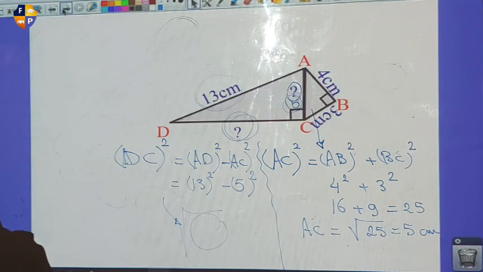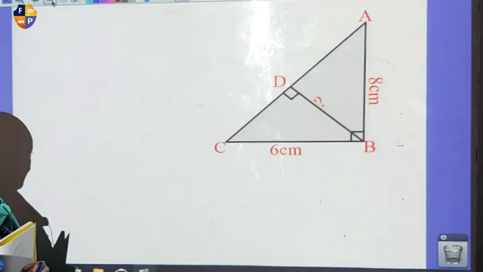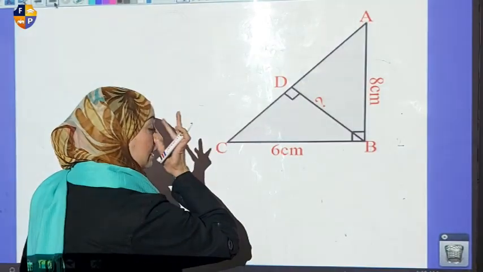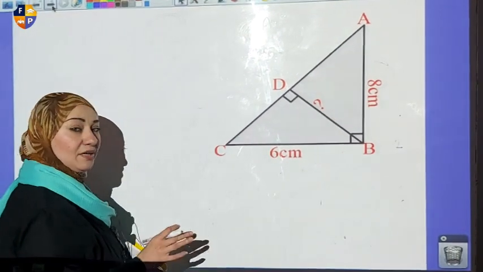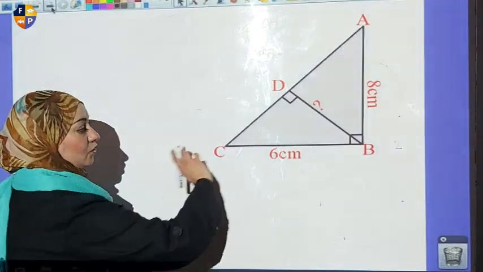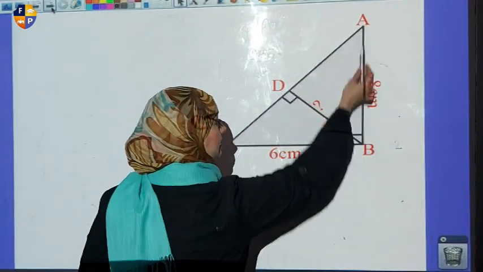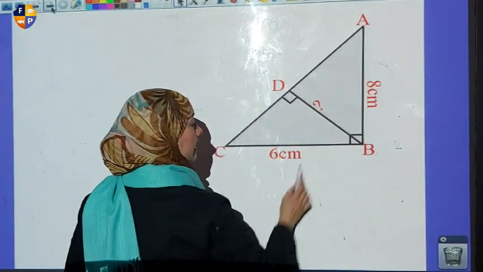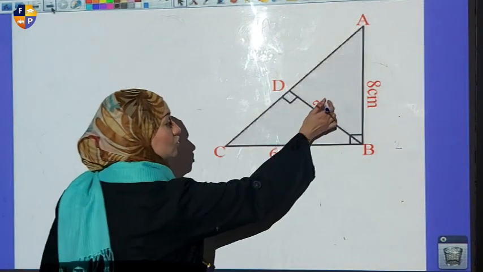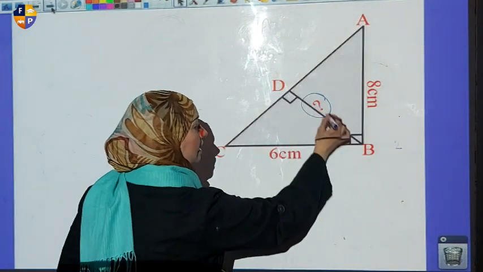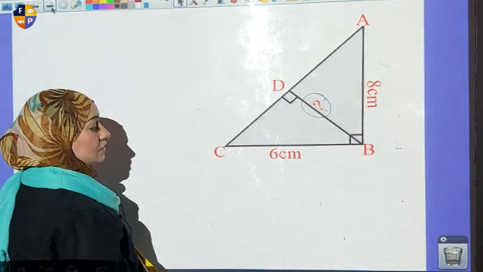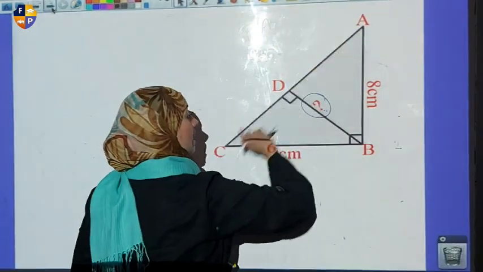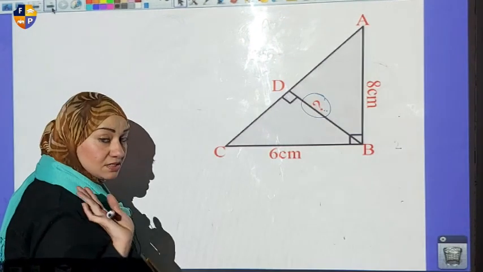Another one. Look at this exercise. It needs a little bit of thinking, but it is common in an exam. I have here the length of the two sides of the right angle, but I want this side marked by the question mark. At first I will get the hypotenuse length by the Pythagoras theorem.